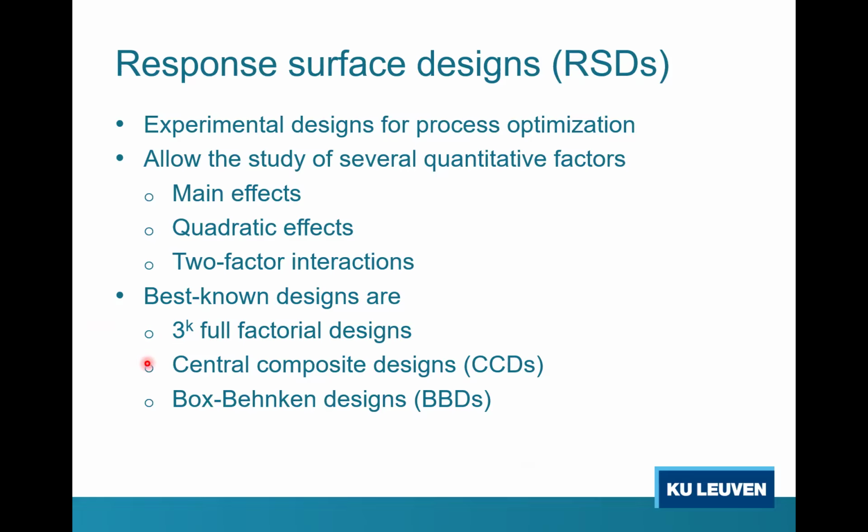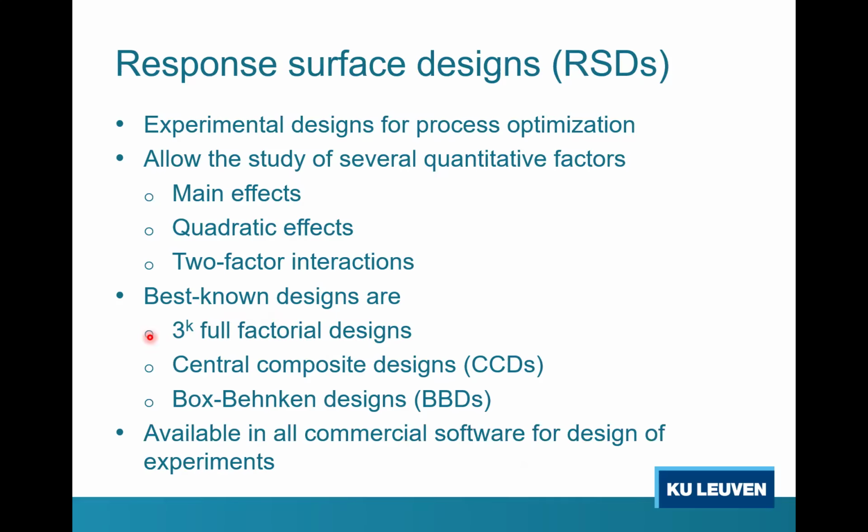More economical experimental designs are central composite designs, often abbreviated as CCDs. And there's also Box-Behnken designs. That's also a more economical kind of response surface design than the 3 to the k factorial designs. Also these designs you can find in every software, in every textbook. Especially the 3 to the power k full factorial designs are labor intensive and costly, because they involve quite a lot of tests.